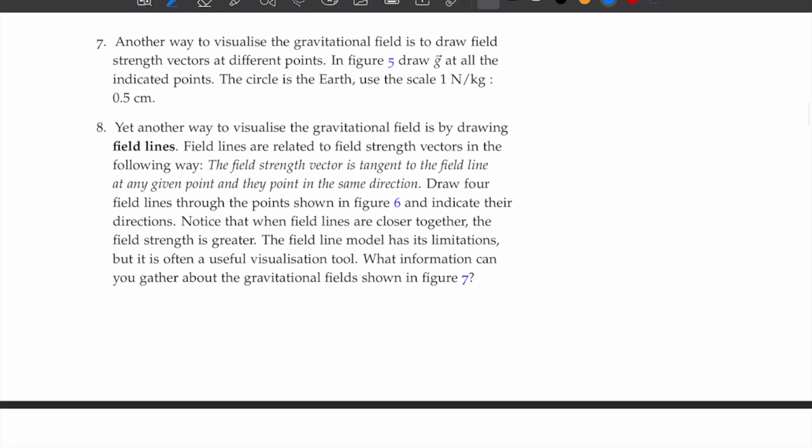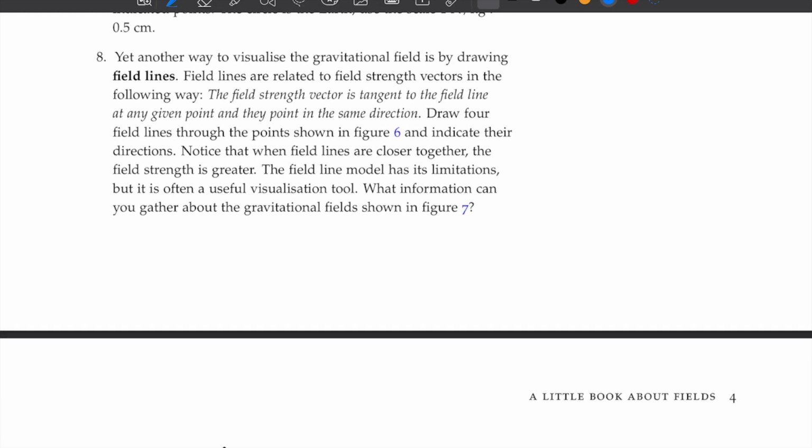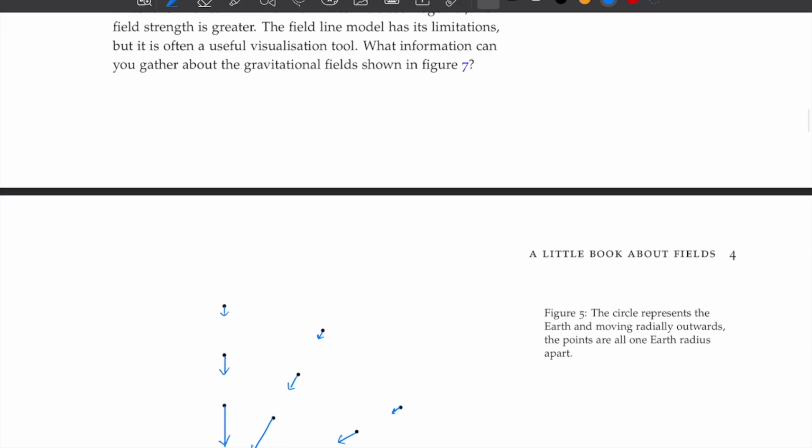Okay, then there's another way to visualize a gravitational field, and that is by drawing something called field lines. Now, a field line is related to the field strength vectors in the following way. The field strength vector is tangent to the field line at any given point, and they point in the same direction. So how do we do that?